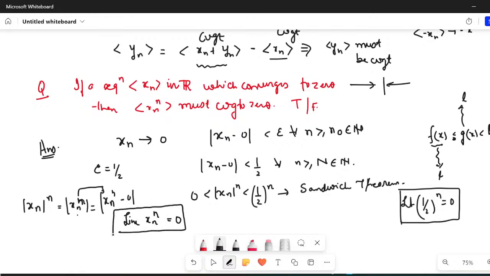As n tends to infinity, this is going to 0, bounded by 0 on one side and by 0 on the other. So the limit of xn raised to power n must also be 0. The sequence xn raised to power n is also a convergent sequence, and it converges towards 0. I hope it is clear.